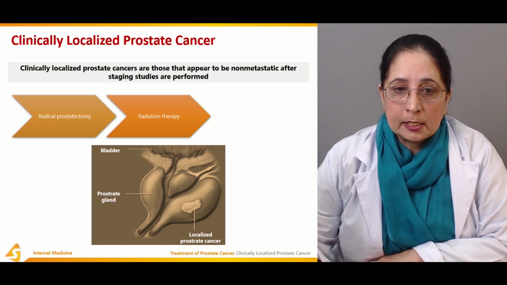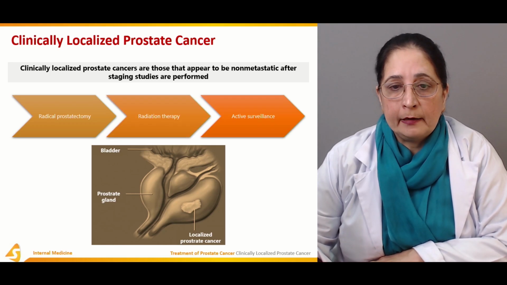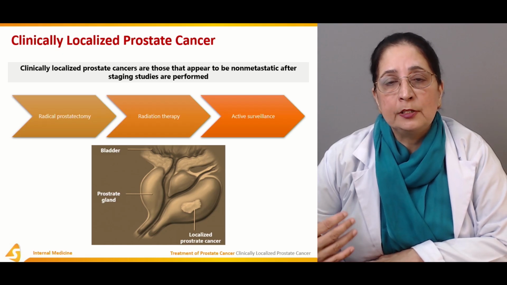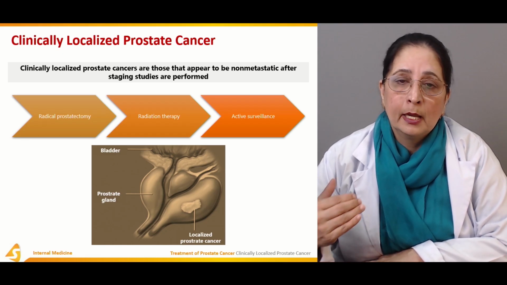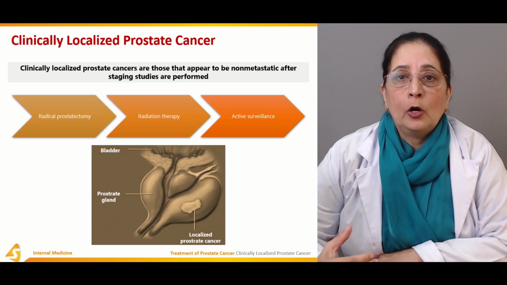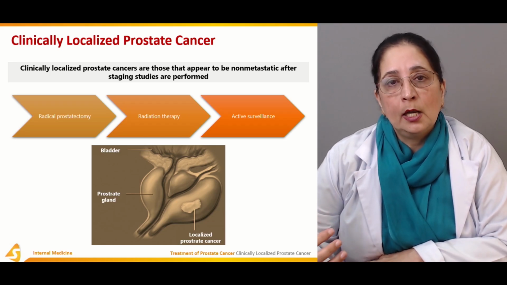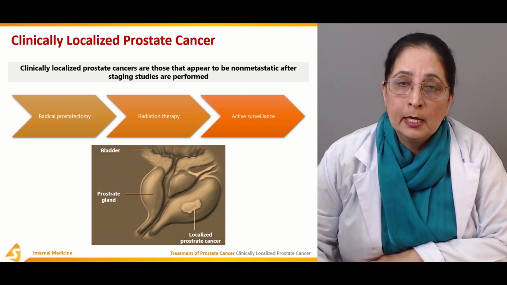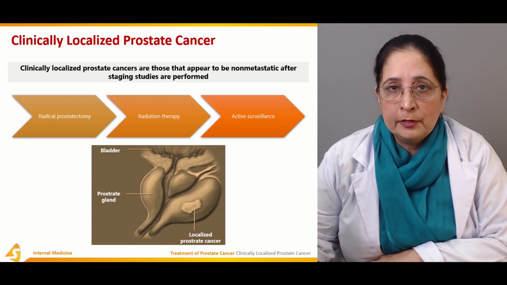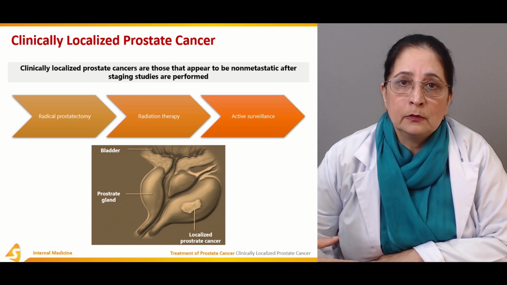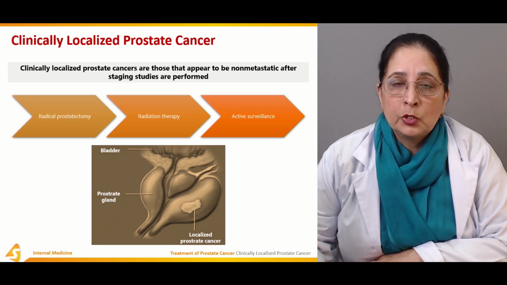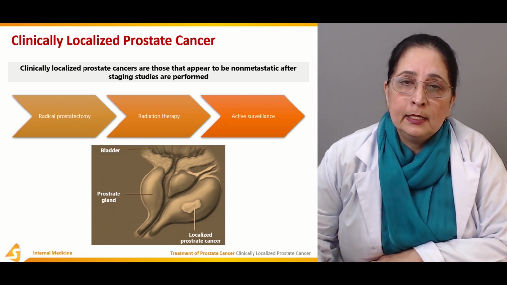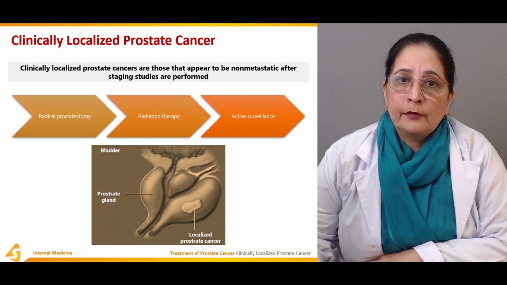Radical prostatectomy, radiation therapy, and active surveillance are the treatment options for the localized type of prostate cancer. So we can do prostatectomy, removal of the prostate, which is radical, along with associated surrounding structures and lymph nodes, to avoid any chance of recurrence.